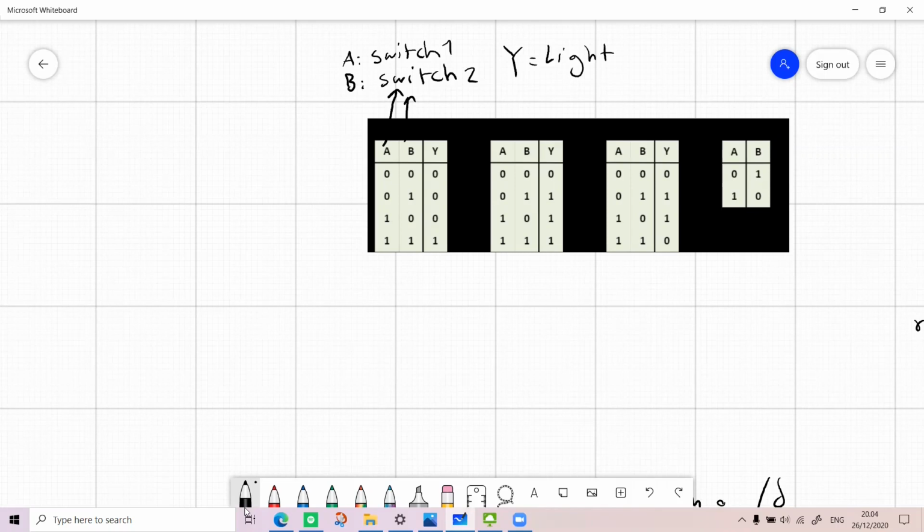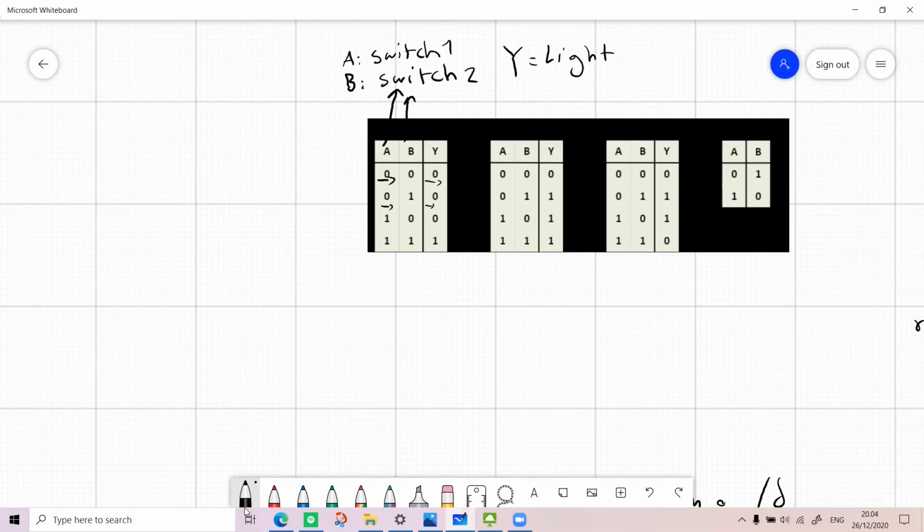Okay, so examining scenario number 1, we can see that when switch 1 is off and switch 2 is off, then the light is off, which makes a lot of sense. Both switches are off, the output is off. Scenario number 2 is saying that when switch number 1 is off and switch number 2 is on, then the output is off again.